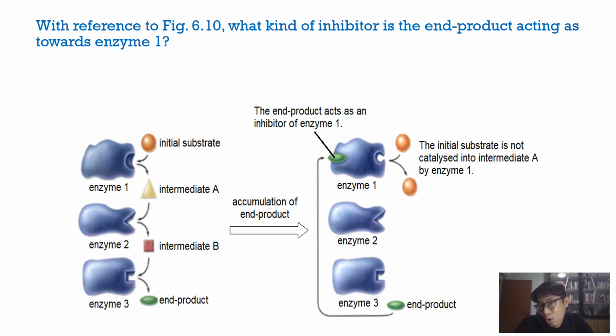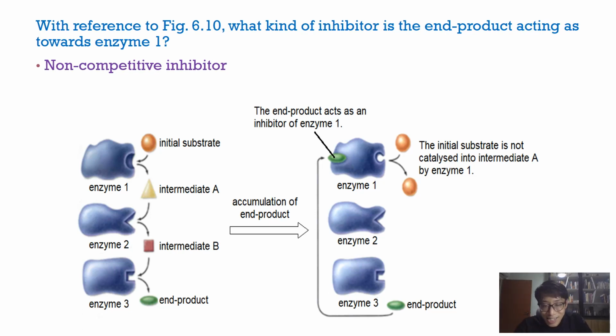It binds not to the active site, it binds to a different site. It causes the active site to change in shape, as you can see in the picture. What does this remind you of? So it is actually an example again of non-competitive inhibition.